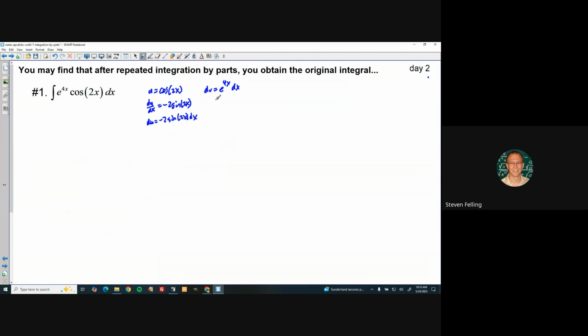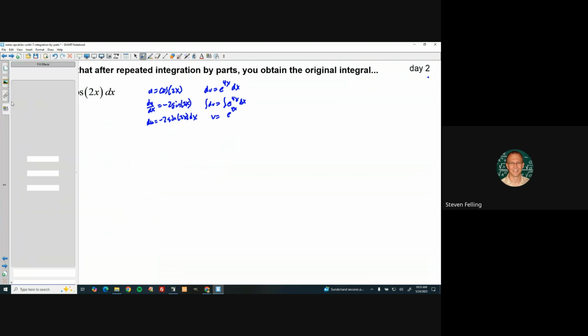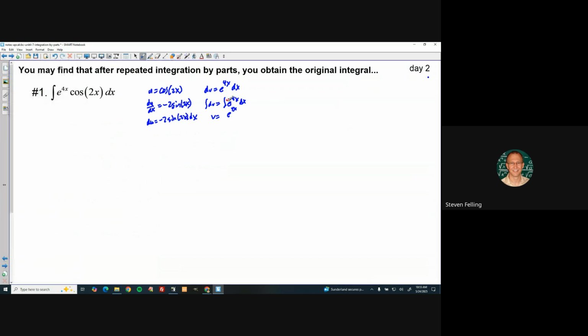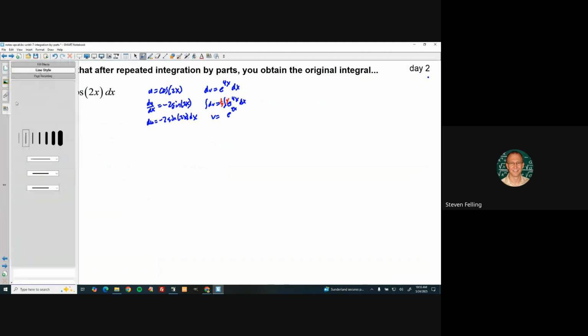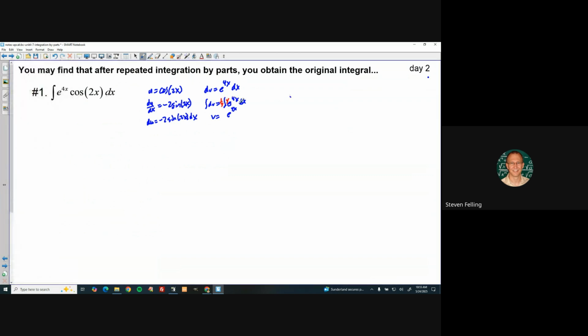And then over here, we've got the antiderivative of e to the 4x to get the v. That is e to the 4x divided by the chain rule. If you had a 4 here, that 4 dx would be what we need, so we need a 1/4 to balance it out. So it's just a copy times the constant 1/4.